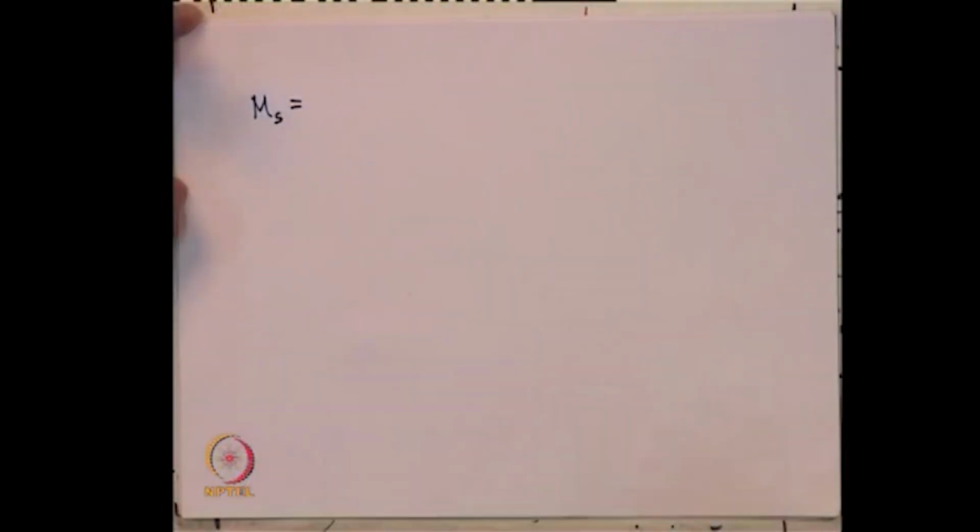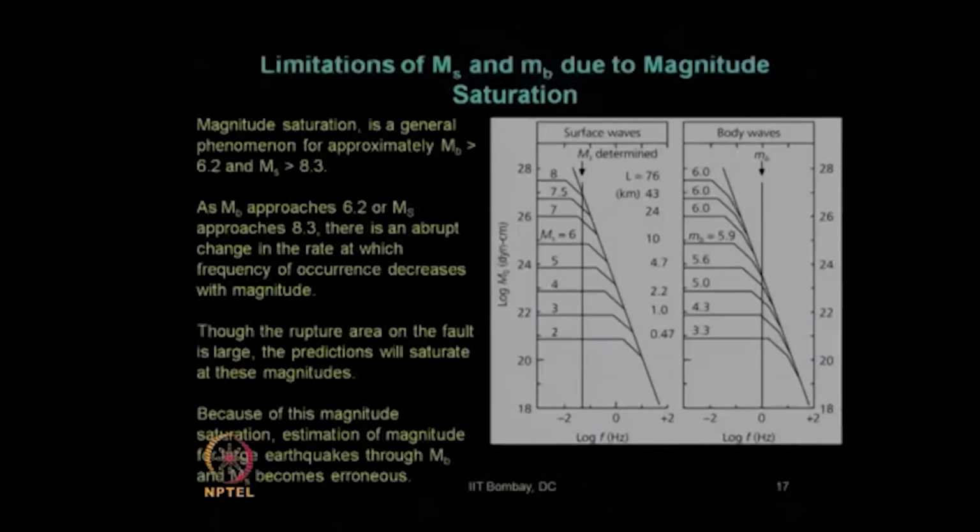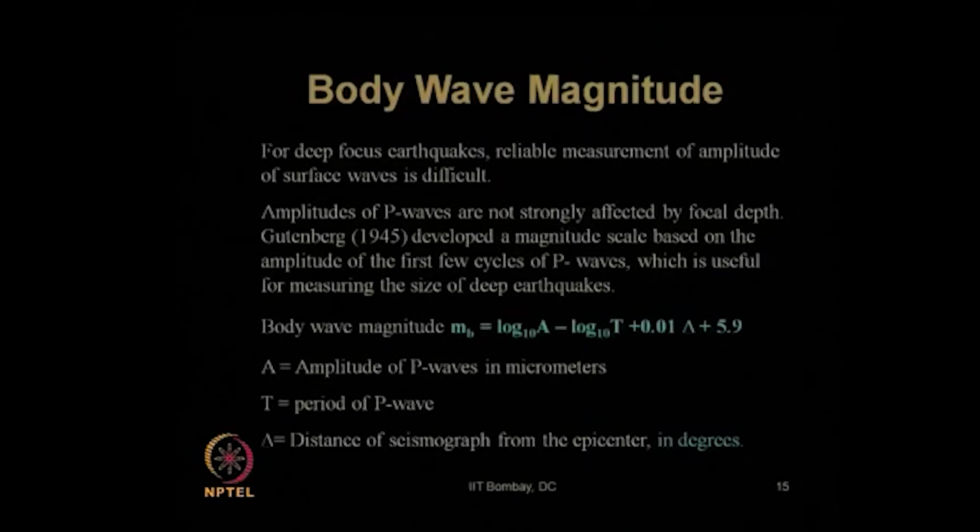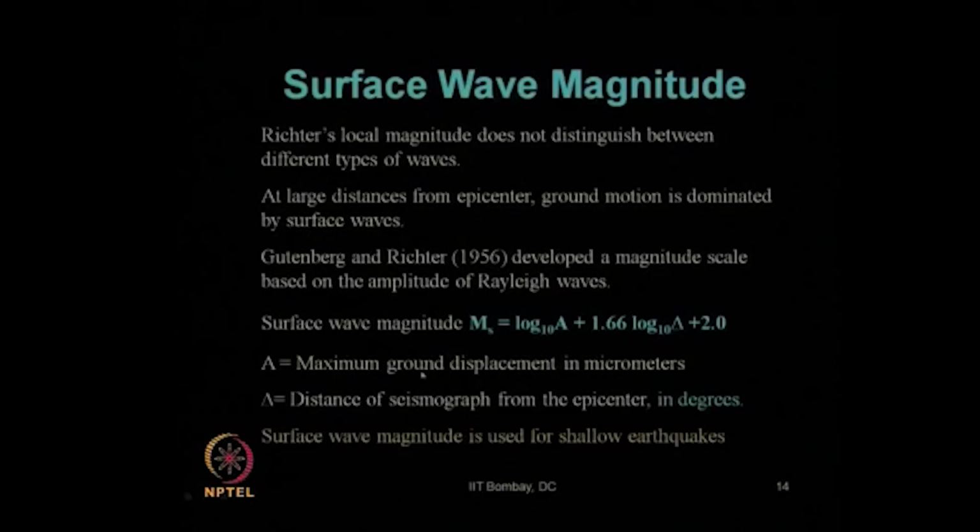So, the first equation which we have to use is the Gutenberg-Richter equation for surface wave magnitude. So, that equation, as we have seen, let us go back to this slide here. For the surface wave magnitude, this Gutenberg-Richter equation of 1956 is the equation which we should use.